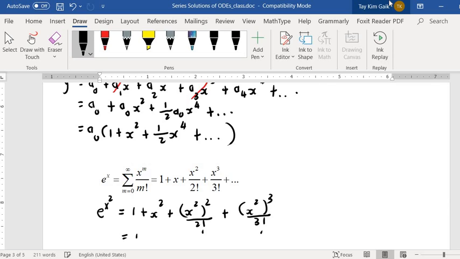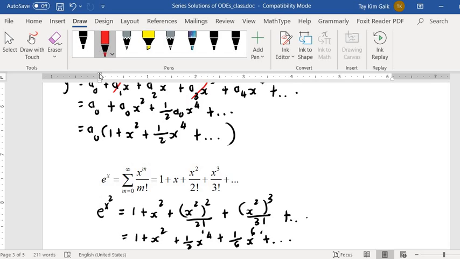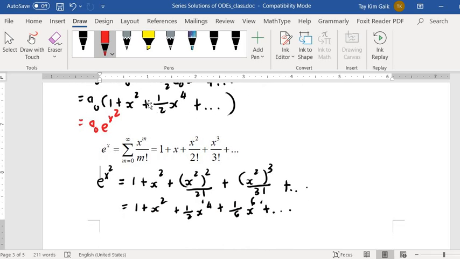That's why you get 1 plus x squared plus half x power 4. 3 factorial is 6, so 1 over 6 x power 6, and so on. So this expansion is actually the power series expansion for exponent x squared.